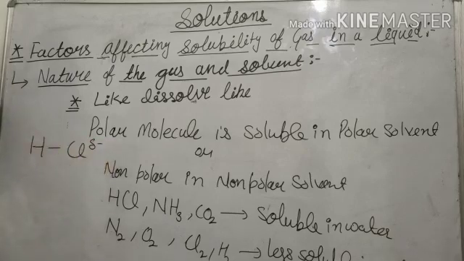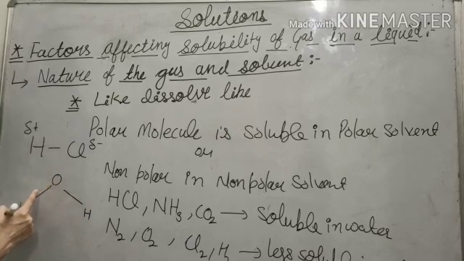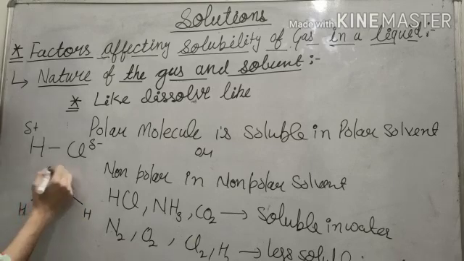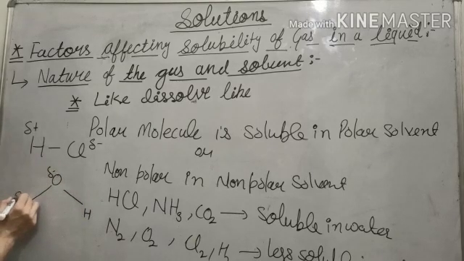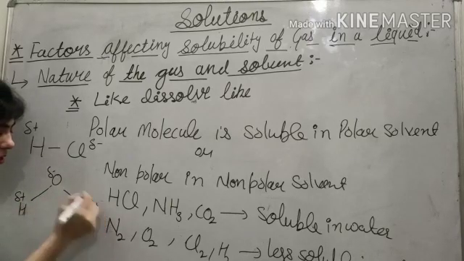So this atom acquires a slightly negative charge and this acquires a positive charge. And similarly in case of water, the OH bond is polar in nature, as in this case also there is a difference in the electronegativity. Oxygen is more electronegative and hydrogen is less electronegative. And if oxygen is more electronegative, then it acquires a partial negative charge and hydrogen acquires a partial positive charge.